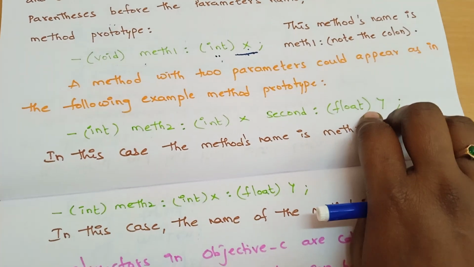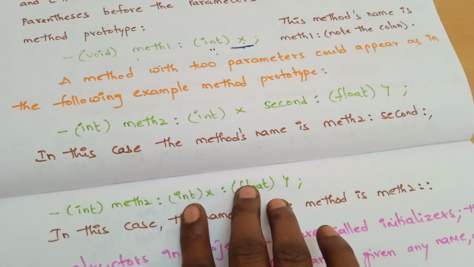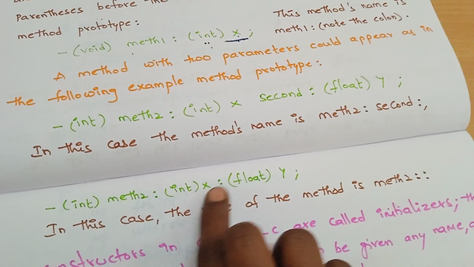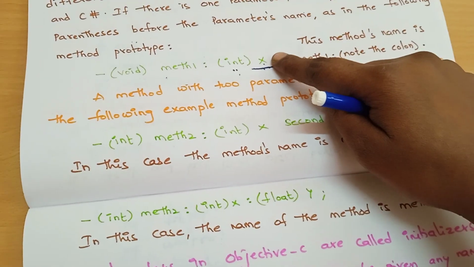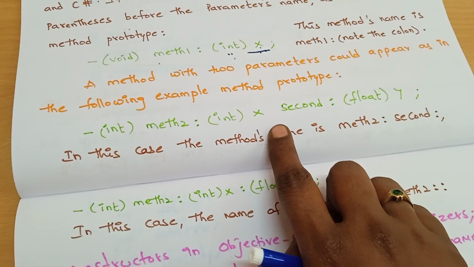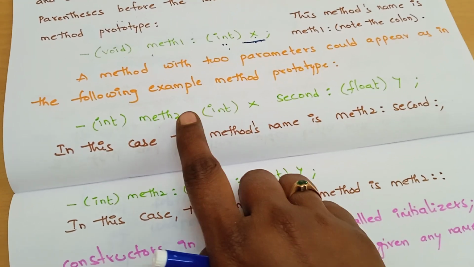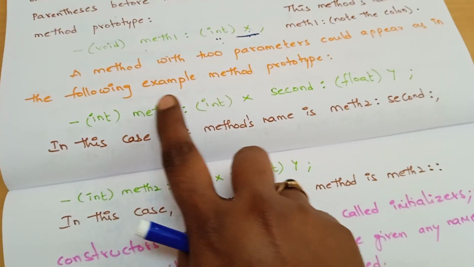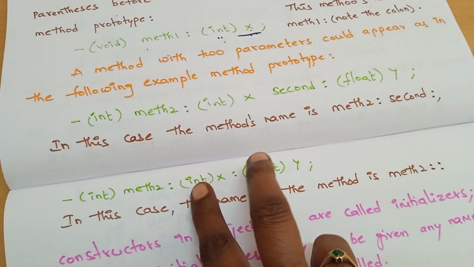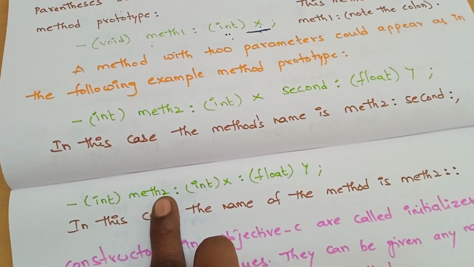If you want one method with two parameters, then method2 int x colon float y. Get the difference? This is a method with one parameter. This is a method with two parameters.